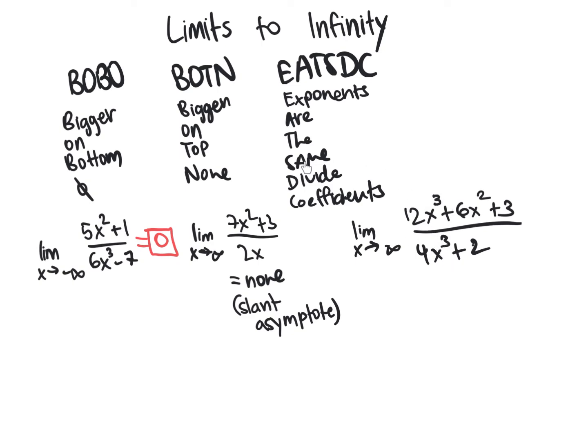Now, if they match up, let's go to EATS: exponents are the same. In this case, they're both 3. Divide coefficients. Dividing coefficients means taking the number in front of our biggest exponent. So in this case, 12 on the top, 4 on the bottom. So you divide them, 12 divided by 4 is equal to 3.